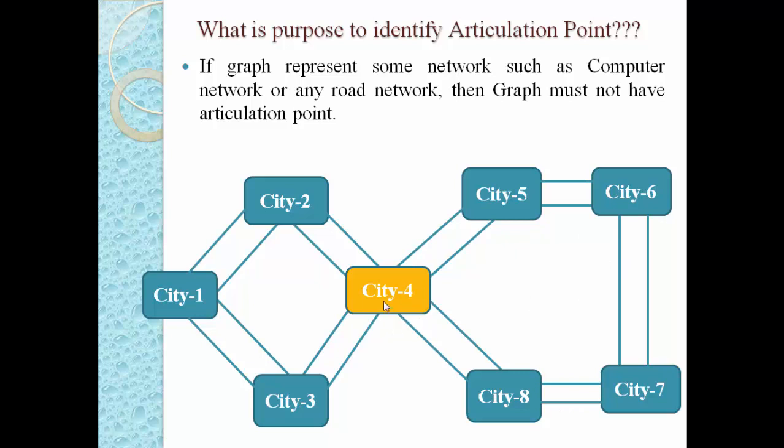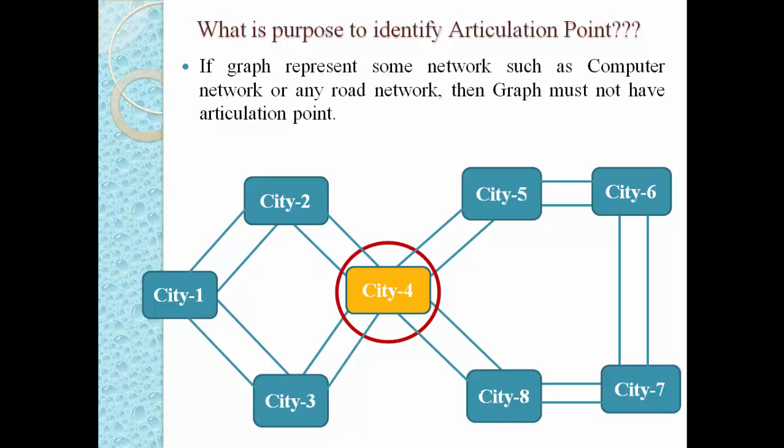So we can say this city 4 in our graph or in our network is known as an articulation point. Once there is a problem with the articulation point, your whole network will be broken into different parts and it creates some problem for the whole network. It is known as an articulation point. As we discussed, once we identify the articulation point, then the solution is very easy.